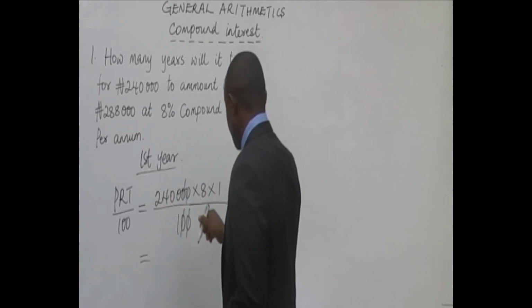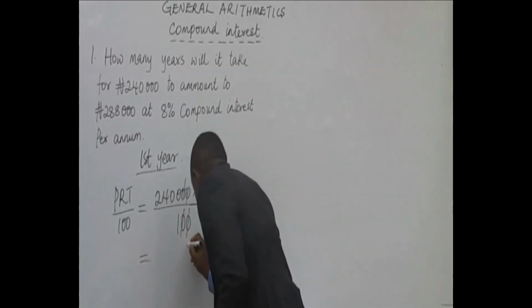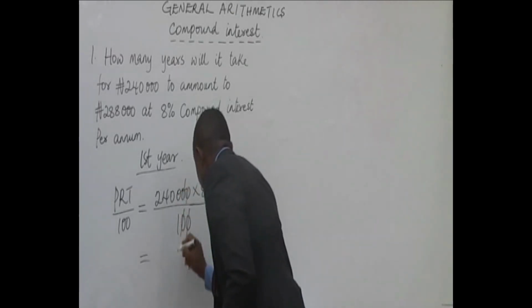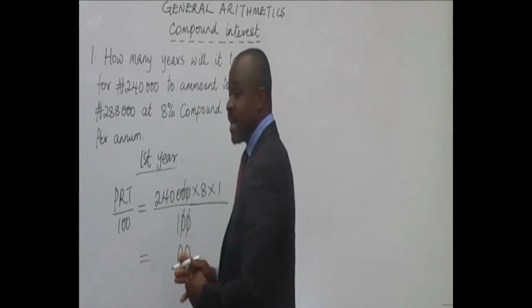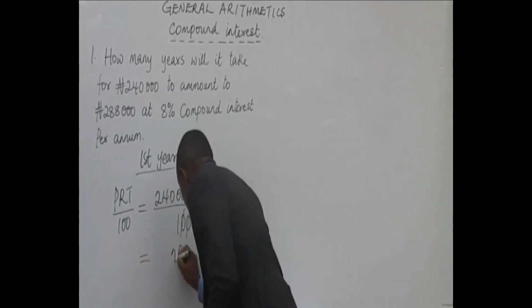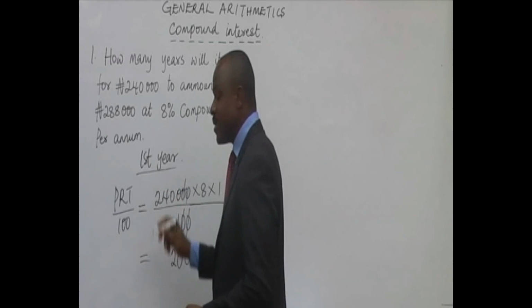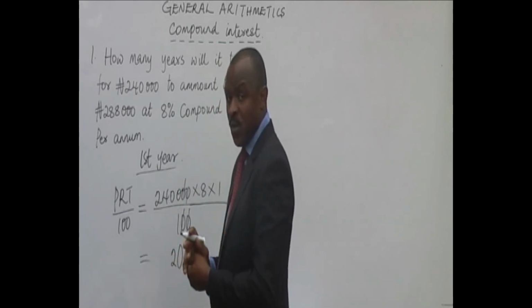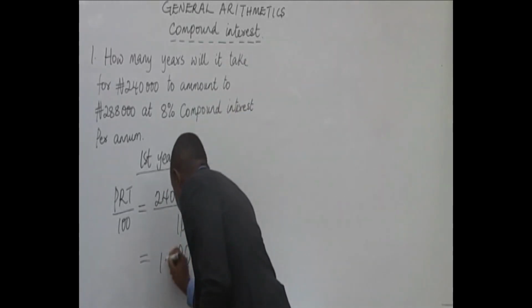8 times 0 is 0, 8 times 0, the second 0 is 0. 8 times 4 is going to give you 32. So write 2 and raise 3. 8 times 2 is 16. 16 plus 3 will give you 19. So we have 19.